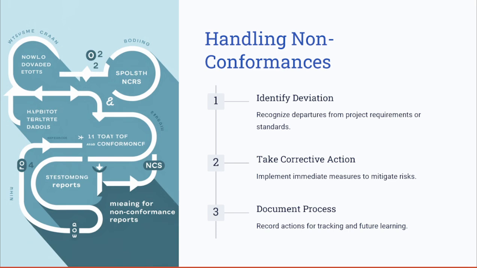You have to identify these deviations and document them, but without taking action, you're not resolving these issues. So you need an immediate corrective action to mitigate such risks or issues. Documenting is a critical part of tracking, learning, and identifying, but the most important part here is taking corrective action to resolve the critical issues that you have found.